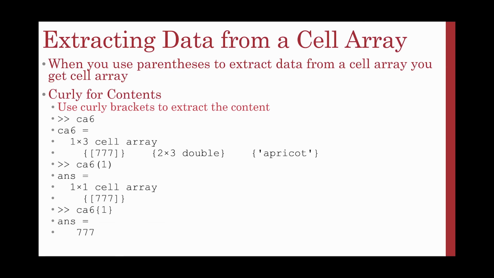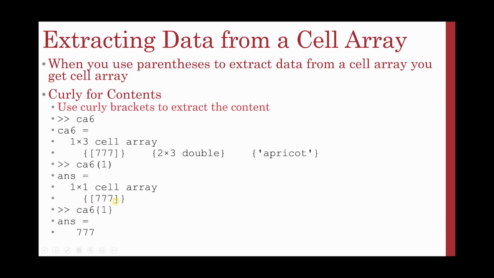So if I say CA6 is a 1x3 cell array that contains the scalar 777, a 2x3 cell array, and the word apricot, and I say CA6 of 1, it's going to tell me that I have a 1x1 cell array, and what's contained in that cell array is the value 777.